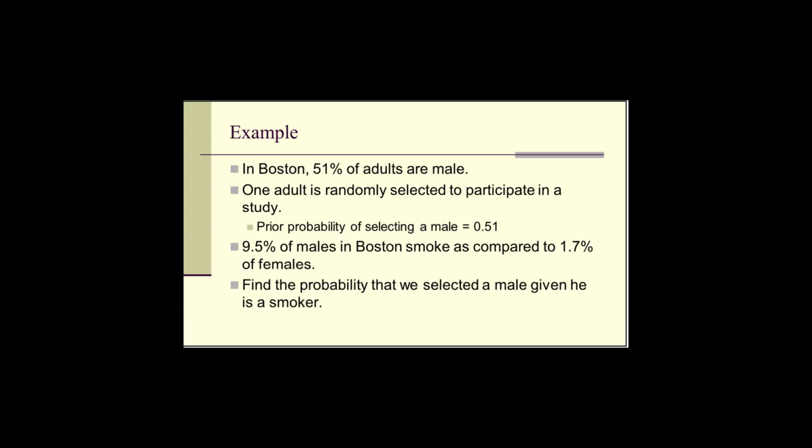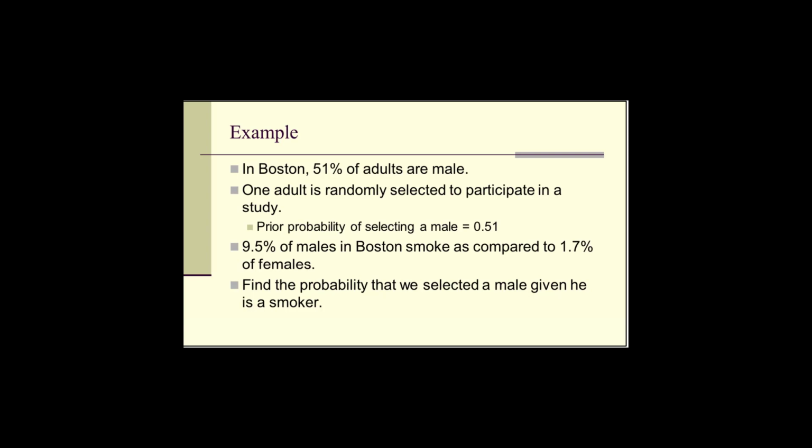We also know that 9.5% of males in Boston smoke as compared to 1.7% of females. I want you to find the probability that we select a male given he is a smoker. Please pause here to work on this question by yourself. Once you're done, you can compare your solution with mine.